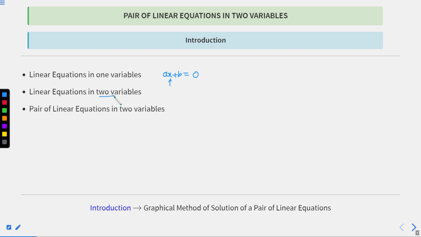Then linear equation in two variables. If we have a linear equation in two variables, then that equation will involve two variables, which may be x, y, u, v, s, t, and so on. A linear equation in two variables can be written as ax plus by plus c is equal to 0.